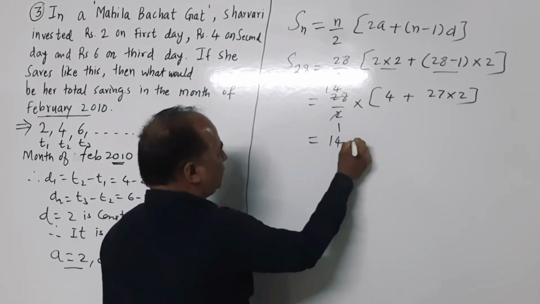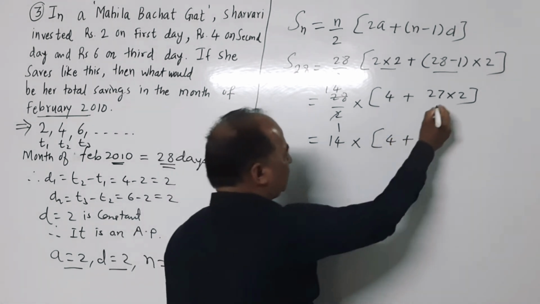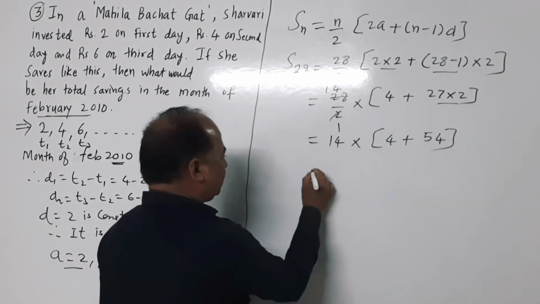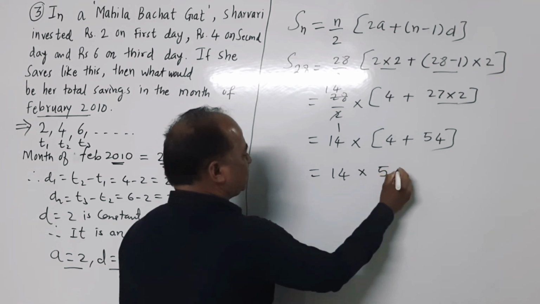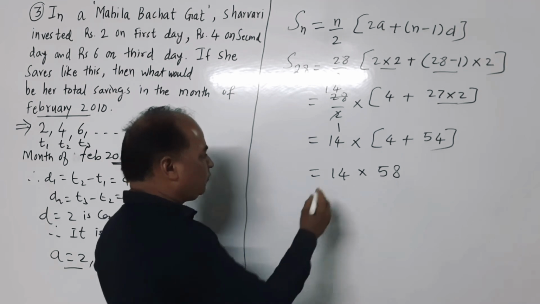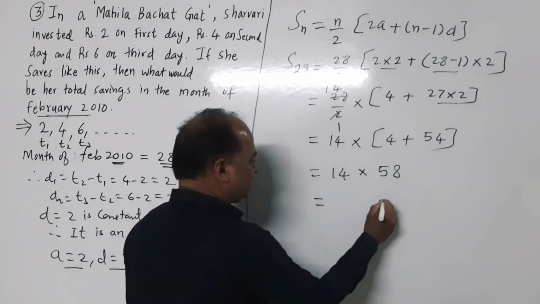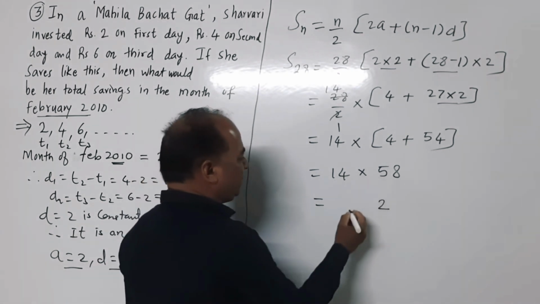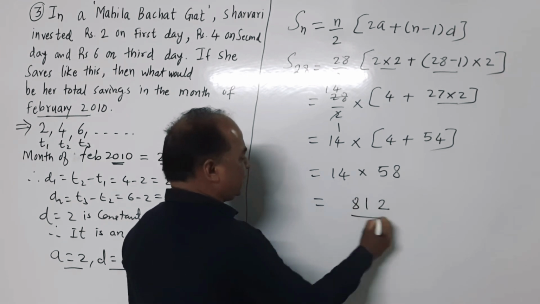So 14 into 4 plus 27 twos are 54. Therefore 14 into 4 plus 54 is equal to 58, so 14 into 58: 14 eights are 112, 2 carry 11, 14 fives are 70, 70 plus 11 is 81.